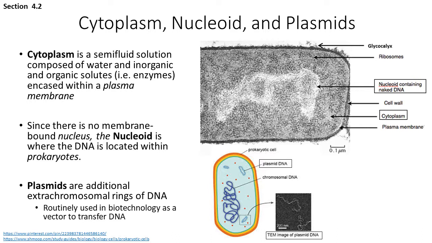Plasmids are additional extrachromosomal circular rings of DNA. Because of their feasibility in being transferred from one bacteria to another bacteria, they are routinely used in biotechnology as a vector to transfer DNA.